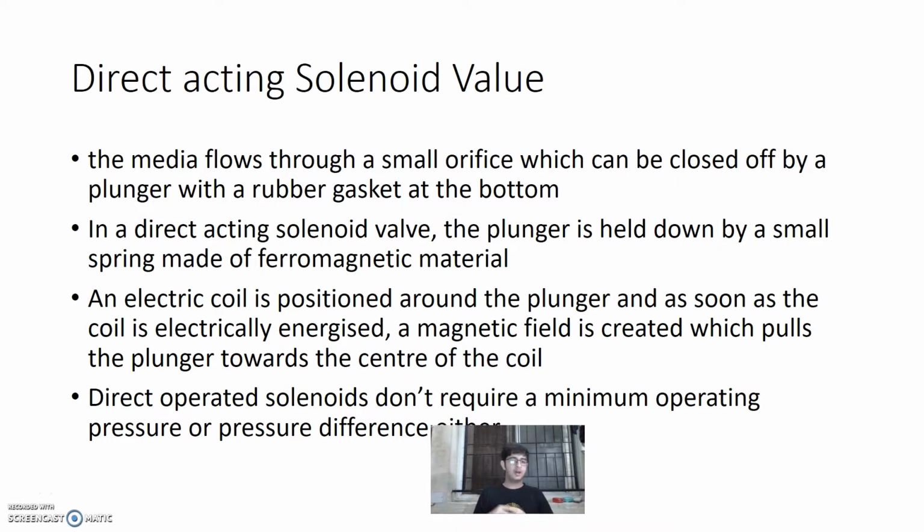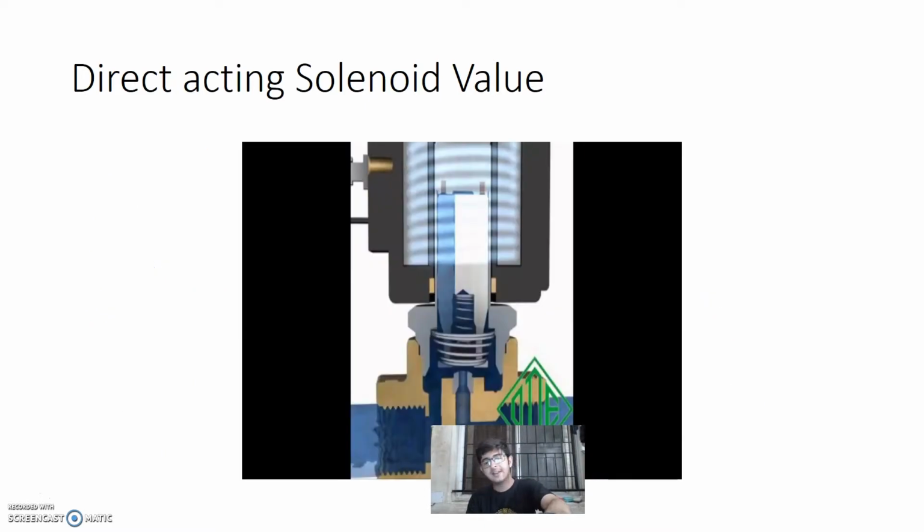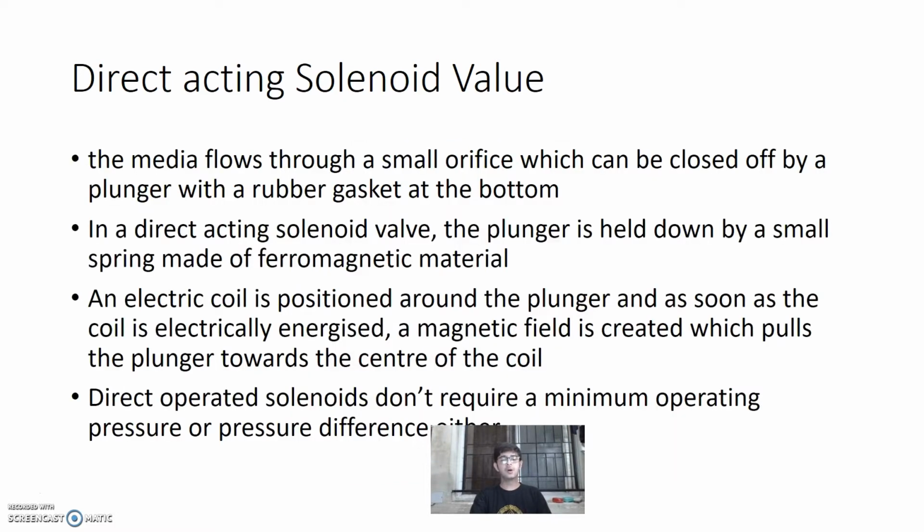Now, the electric coil is positioned around the plunger, and when current is passed through this electric coil or solenoid, a magnetic field is created which will attract the plunger upwards. You can see in the figure, it will attract the plunger upwards and it will move up, and thus the valve will open. So let us recall what we have done.